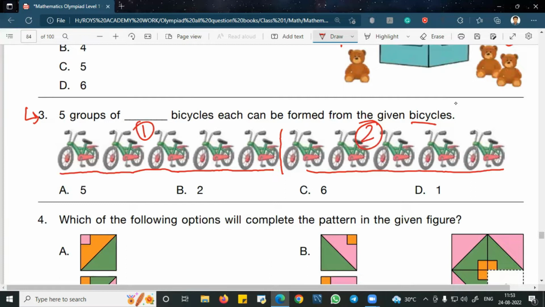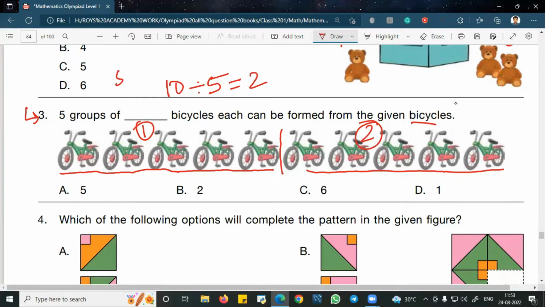It is simplified as we see there are 10 bicycles. If we make groups of 5 bicycles each from these 10 bicycles, we simply have to divide. In this division we get 2, because we know that 5 twos are 10.